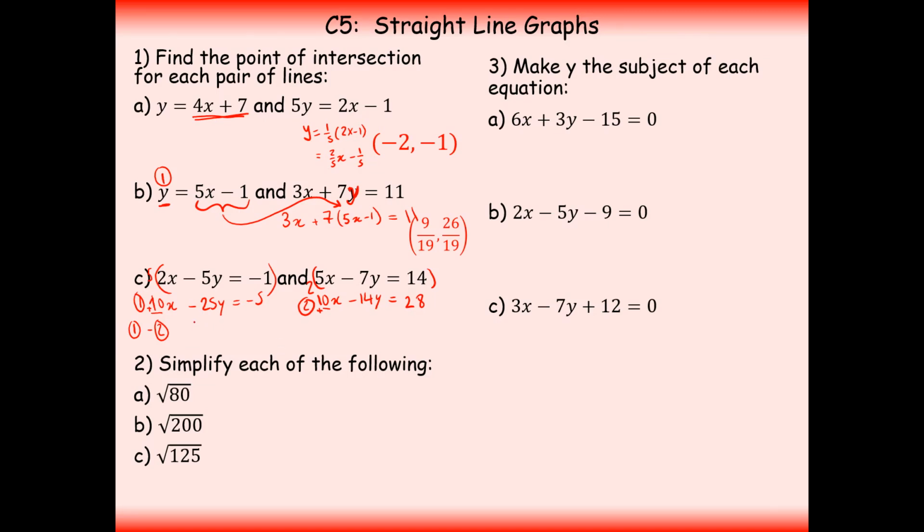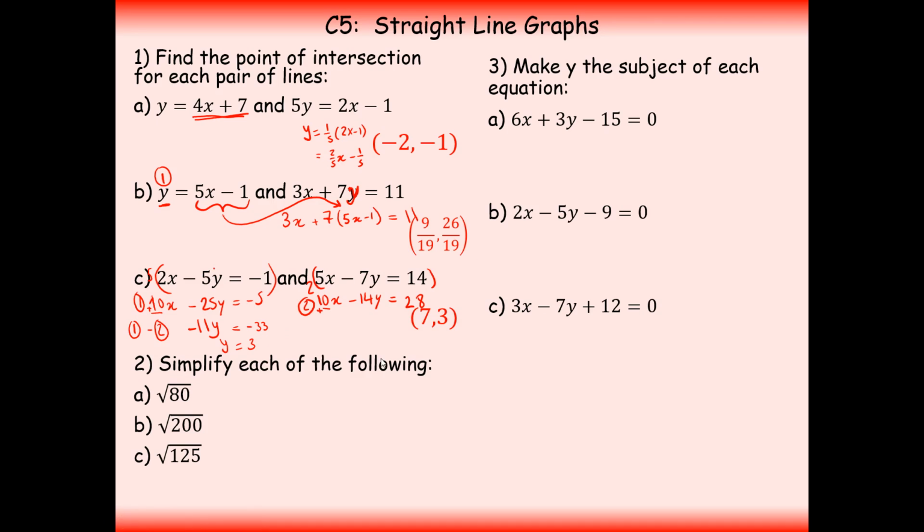So that would leave us with negative 11y, and minus 5 minus 28 is minus 33. So y is a positive 3. You substitute it back into one of these equations to find the value of x. So x is 7, y is 3.